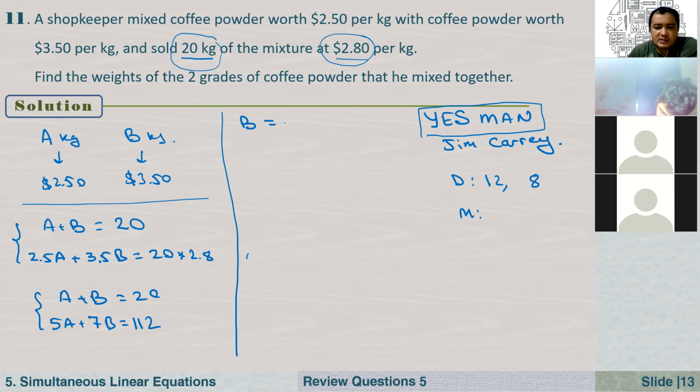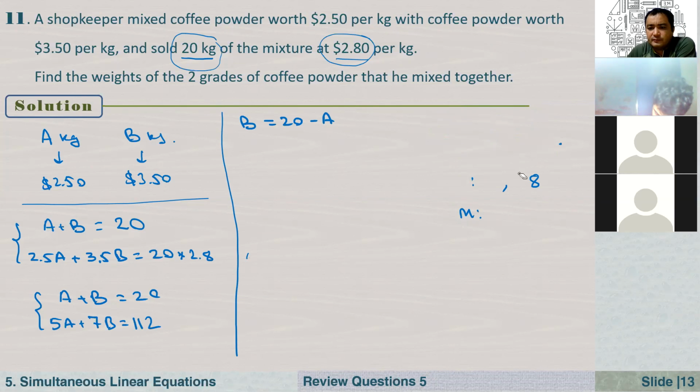So B is equal to 20 minus A, and substitute into the second equation. Here we have 5A plus 7 times 20 minus A on the right hand side equals 112.